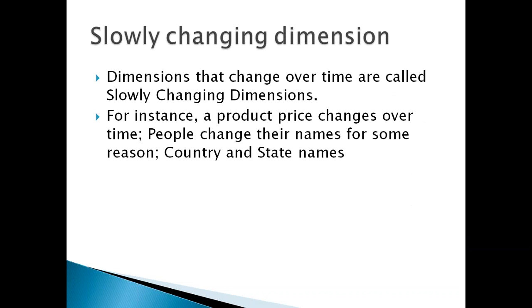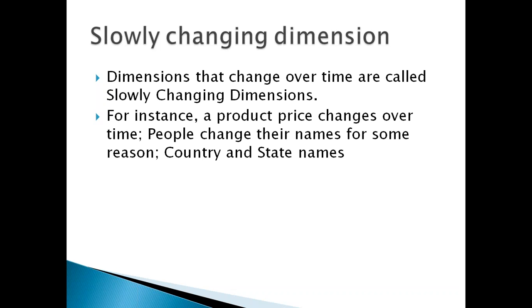Slowly changing dimensions are nothing but dimensions that change over time. There is no table that will be stable throughout the years. There might be a slight change in the table data. So the dimensions that change over time are called slowly changing dimensions. For instance, a product price changes over time.